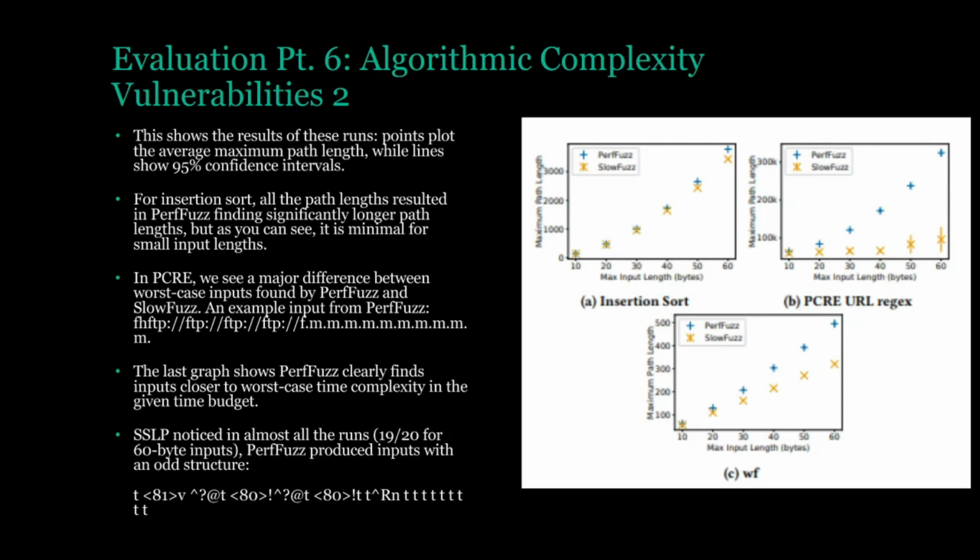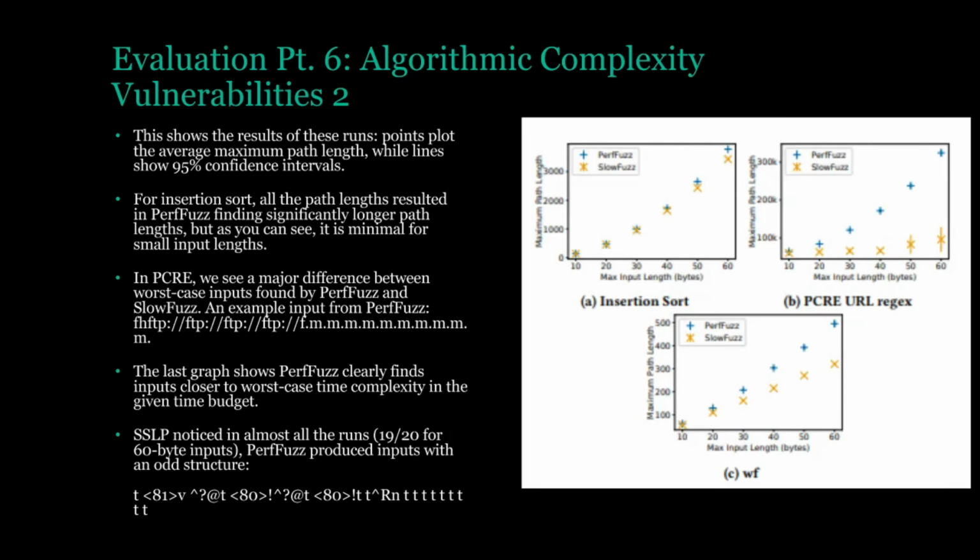It should also be noticed that for larger input sizes, PerfFuzz finds lists with more comparisons to sort than SlowFuzz. However, both did discover the worst case quadratic time complexity for the insertion sort benchmark, which is why they're both pretty close to each other.